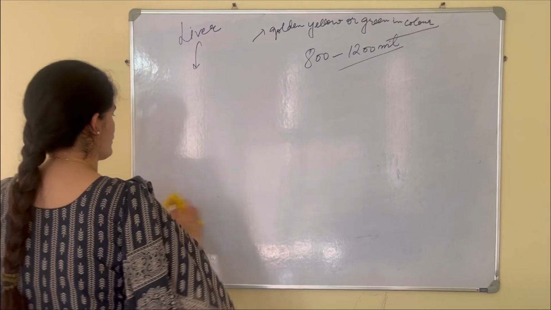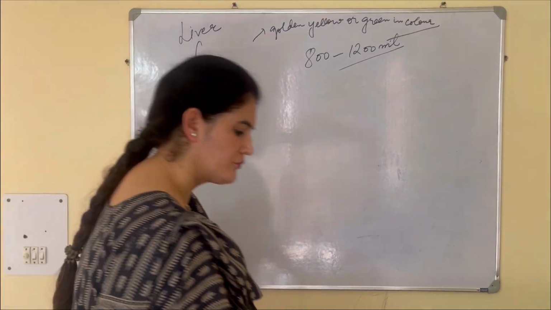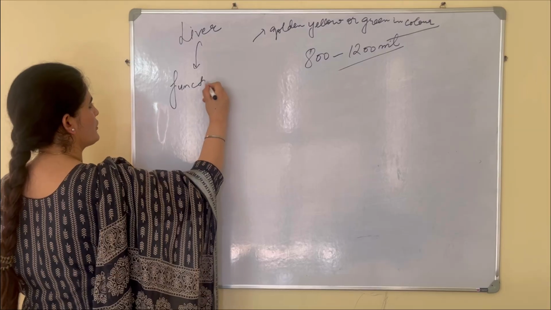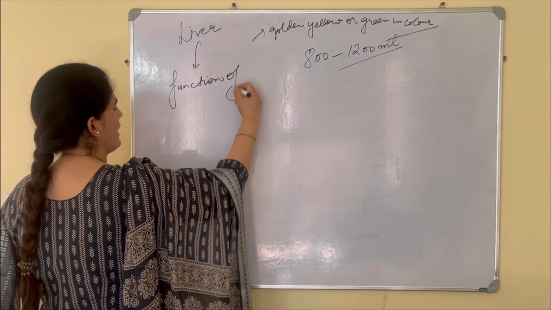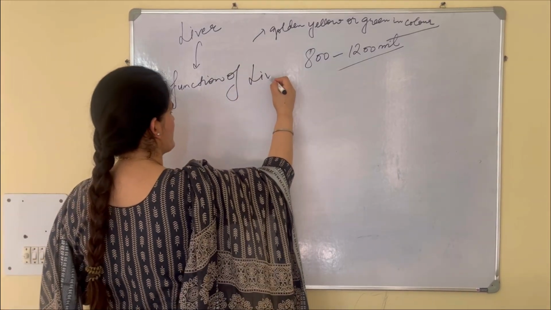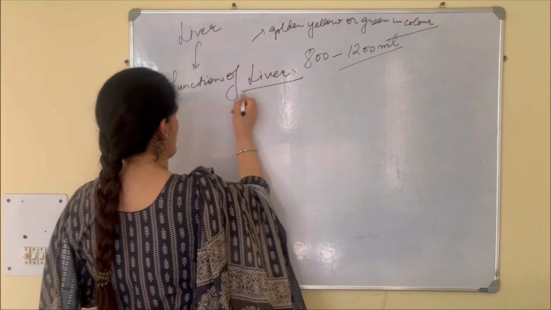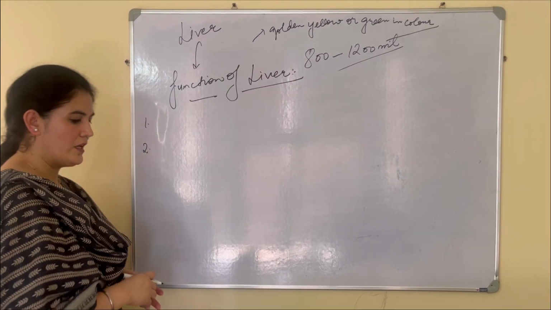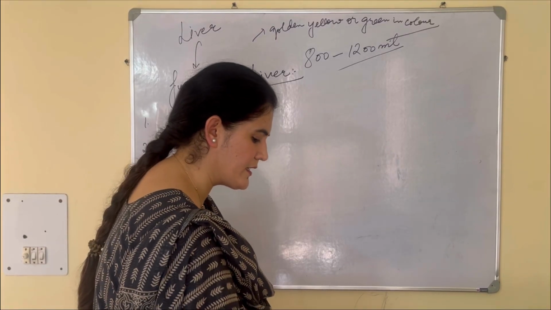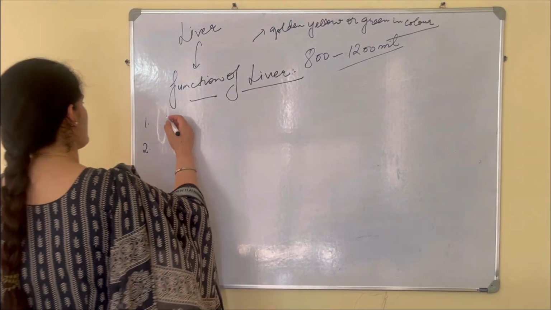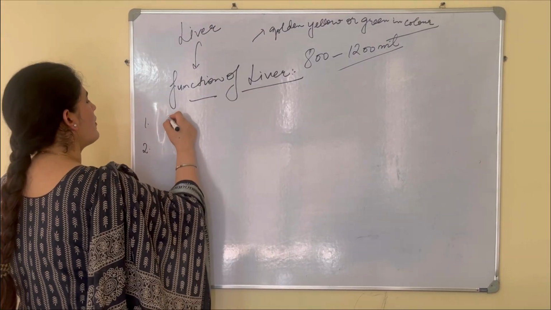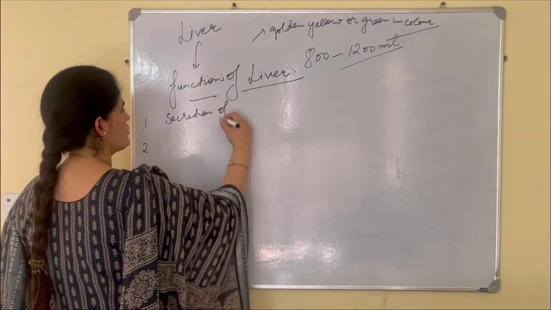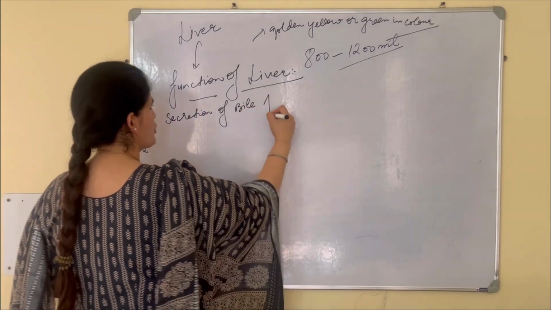Now next we are going to discuss the functions of the liver. As we were discussing the liver and the bile juice, the first function of the liver is secretion of bile juice.